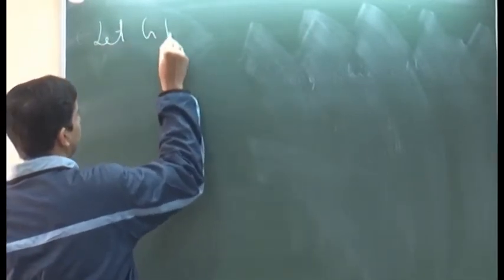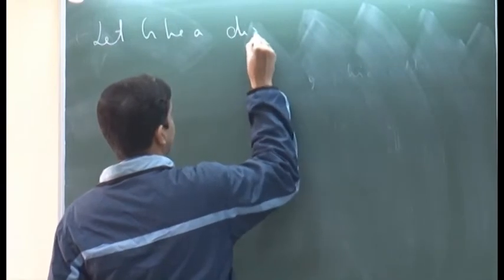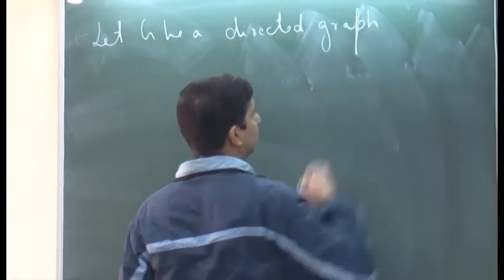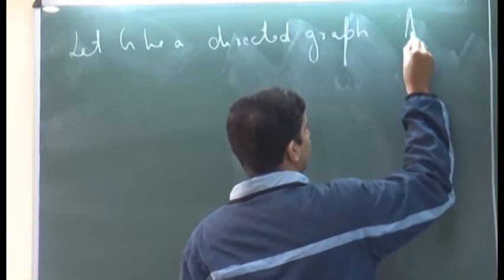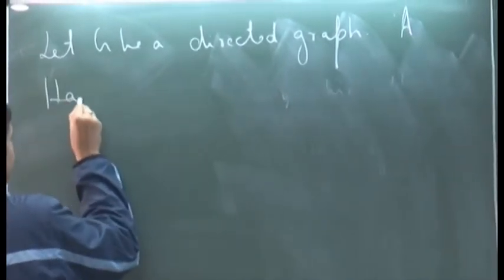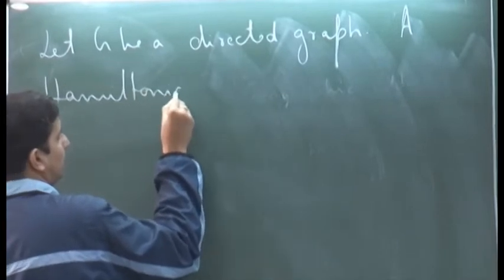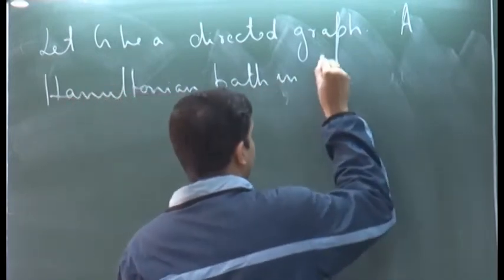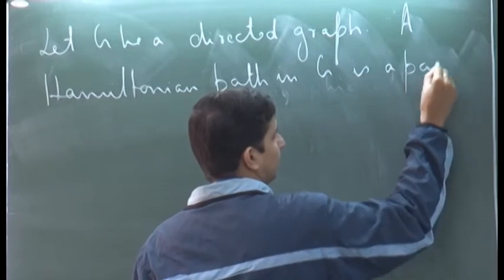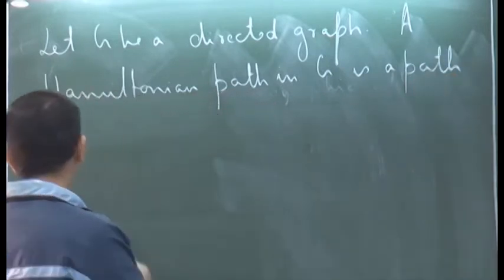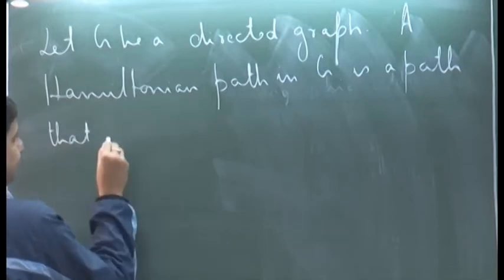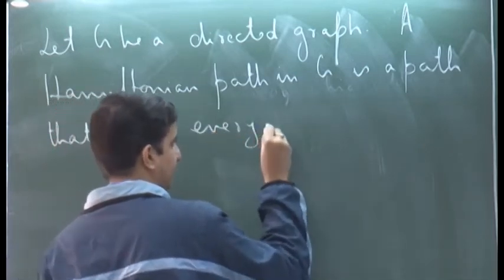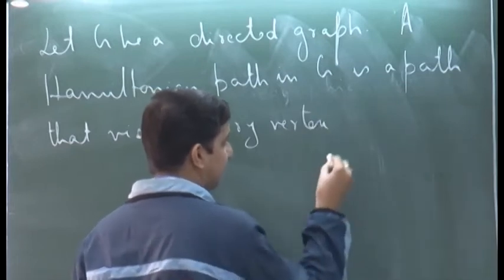So, let G be a directed graph. A Hamiltonian path in G is a path that visits every vertex exactly once.